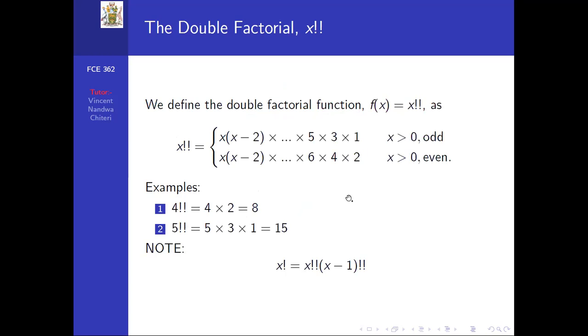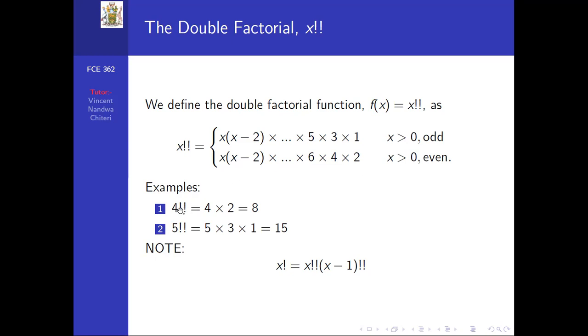Then next, there's what we call the double factorial. Double factorial simply means that you use the sign for factorial twice. We define the double factorial of x by two formulas: x times x minus 2 times and so on, down to 5 times 3 times 1, when x is an odd natural number, and when x is an even natural number, we use the formula x times x minus 2 times and so on, up to times 6 times 4 times 2.